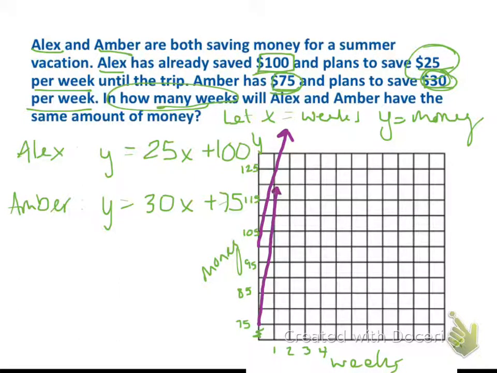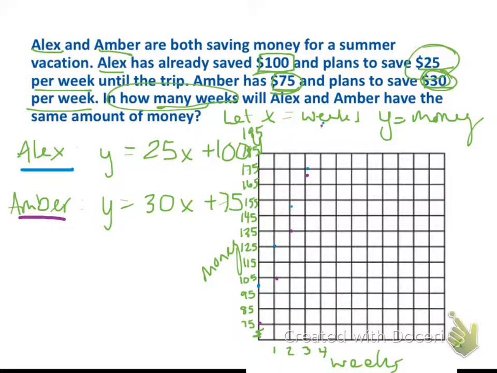So that's Amber's line. So yeah, we've got a really bad graph here. We need to make it bigger. Okay? But what I would recommend is that you continue the y-axis here in this direction and keep going. Keep rising 30, running 1. And see where they intersect.